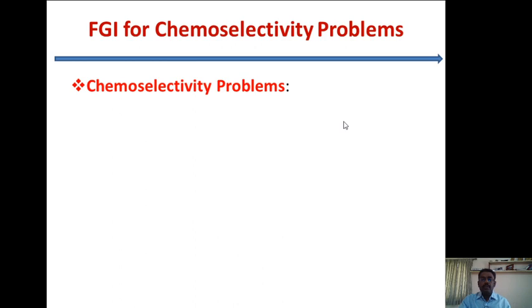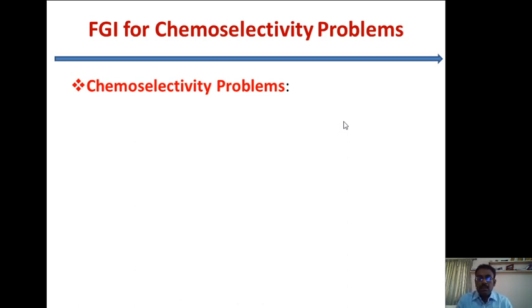Another possible way where you will be using functional group interconversion is for the chemoselectivity problem, like what we learned yesterday, where we looked at the reactivity of the molecule and prioritized the disconnection based on the reactivity of that particular bond.